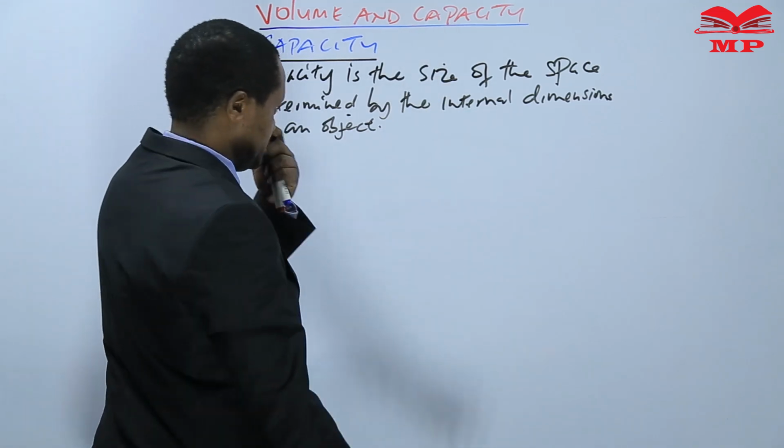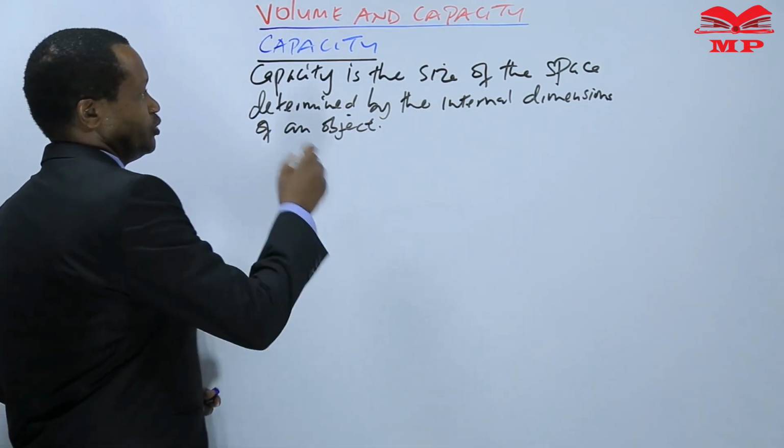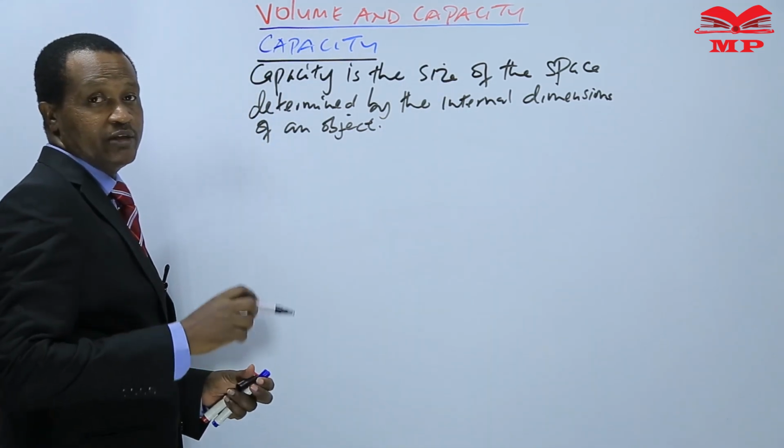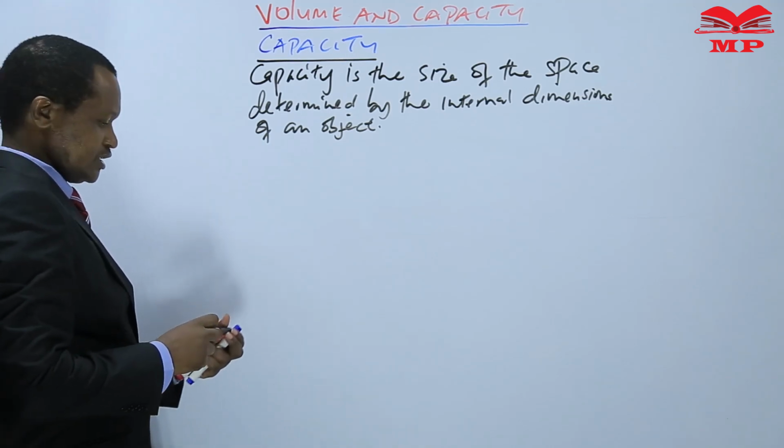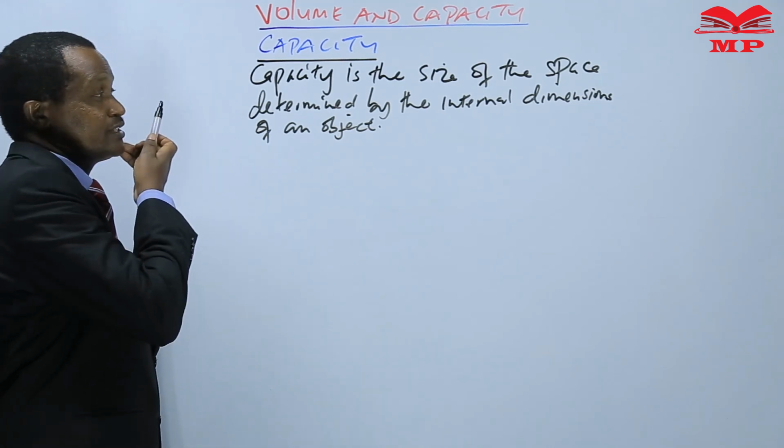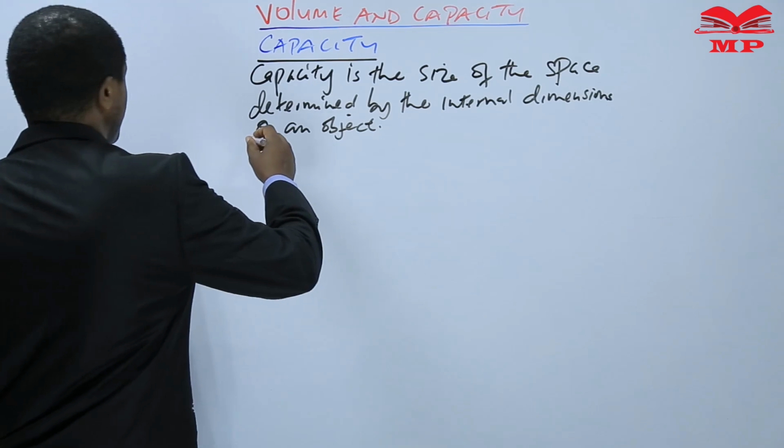Capacity is the size of the space which is determined by the internal dimensions of an object. In other words, capacity is the volume.